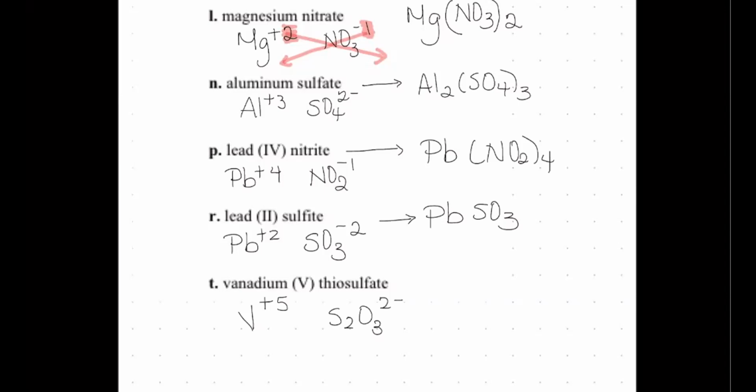So what is the chemical formula for T? Excellent job. It's going to be V2 and in parentheses S2O3, outside the parentheses 5.